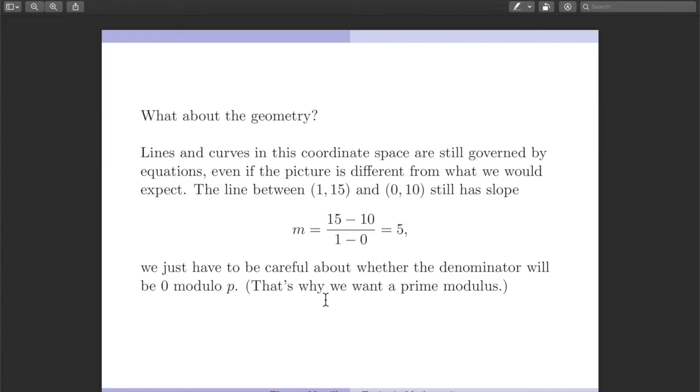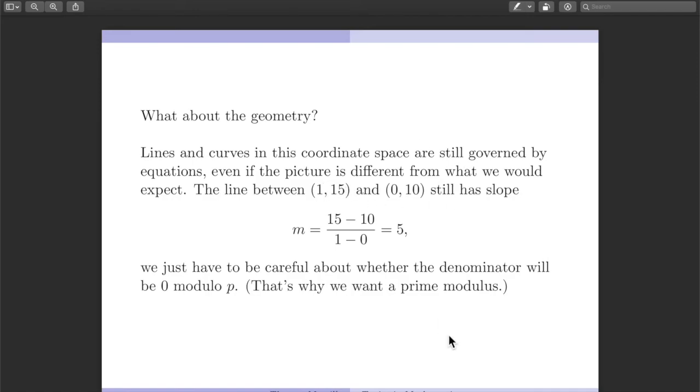Whereas when you're working mod a prime, you can divide by whatever you like so long as it's not 0. And this will only be 0 if I have the same x coordinate in both places. And then I've got some number or some residue divided by 0, which I cannot do. So I would say that points like that would have an infinite slope, right?